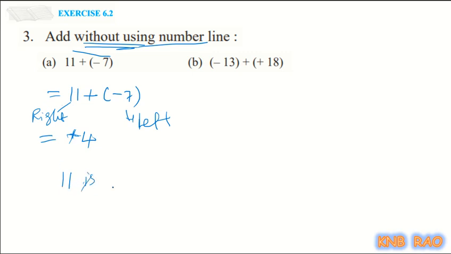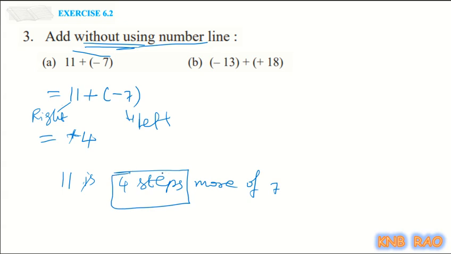So 11 is 4 steps more than 7, and that how many steps are more, that we will see, and that 4 steps is called absolute difference, and for that the sign will be given of the one whose absolute value is more. Absolute means without sign. Anyway, you will all learn this later.